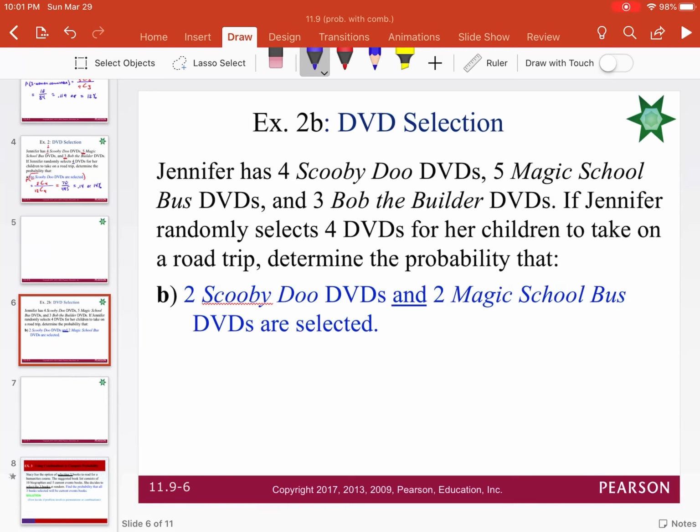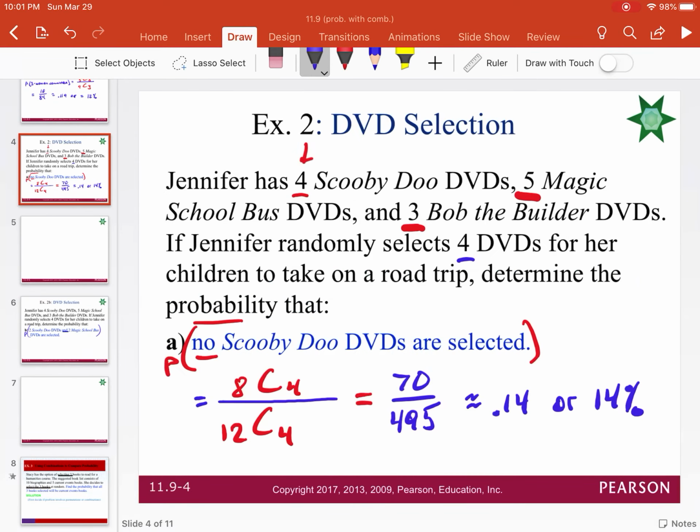Now you want to know the probability that 2 Scooby-Doos and 2 Magic School Bus DVDs are selected. Oh, so this one was not specific at all. It just said any combination of Bob the Builder and Magic School Bus. Okay, so that it just was one group, no restrictions.